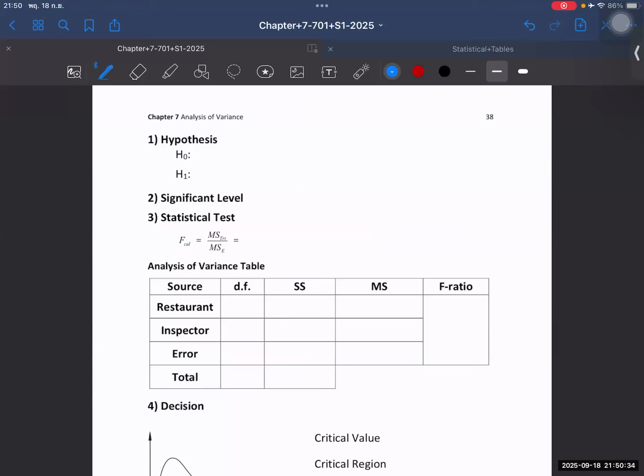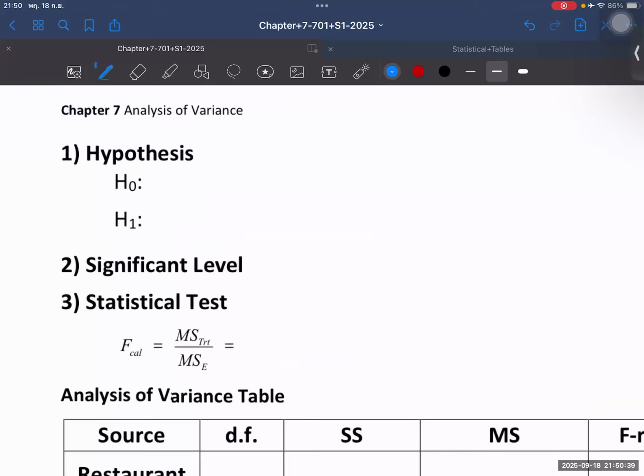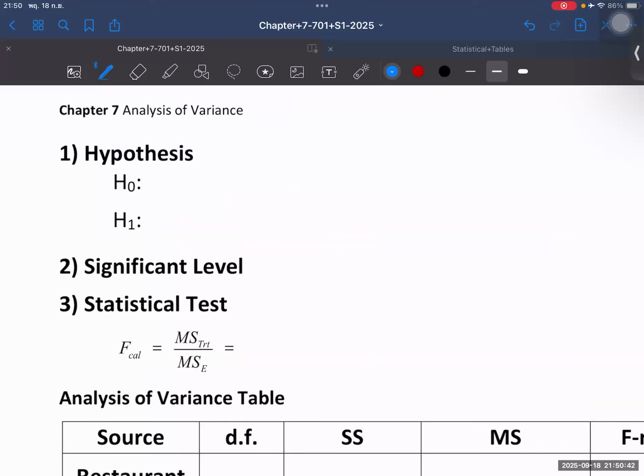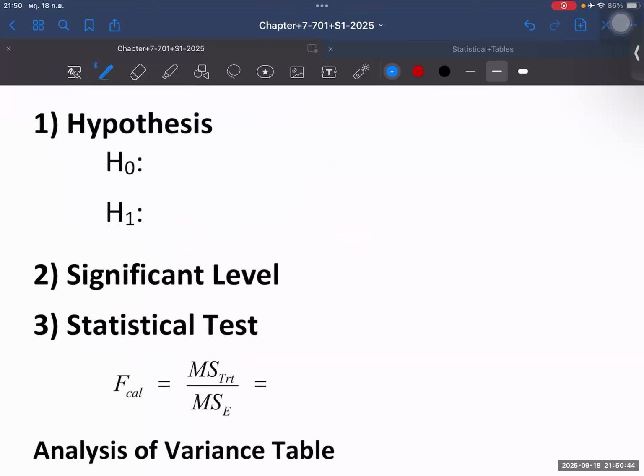so I have to set up the hypothesis testing right now. Okay, so we have to test whether the means of the treatments are different or not.